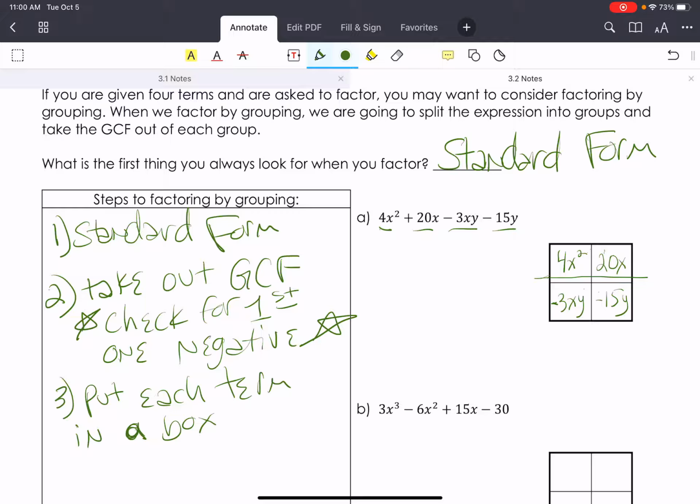No, good guess. 2? I can do more. 4x. Look, they both have a 4 and they both have an x, right? Does that make sense? So 4x is the greatest common factor. That's my GCF. That's the biggest thing that goes evenly into both pieces.